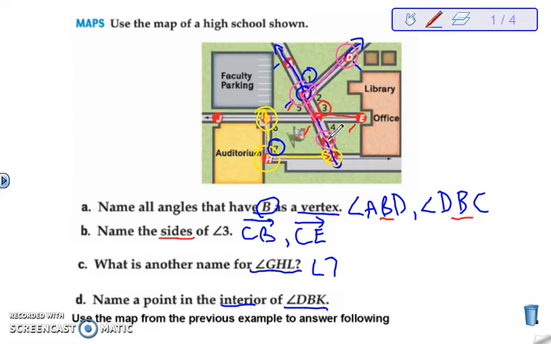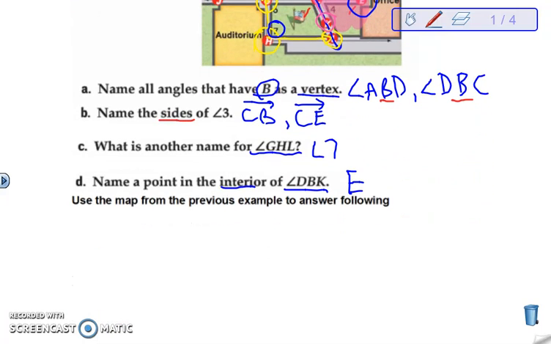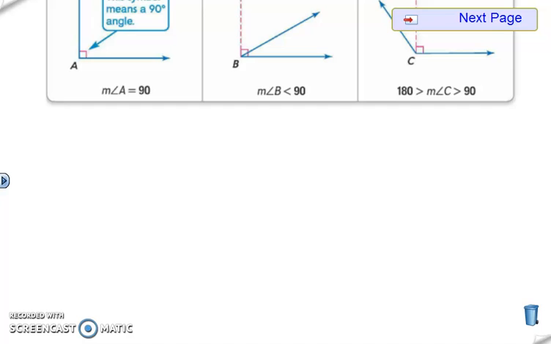So the point that's on the inside would be somewhere over here. So if I'm looking for that point, it would probably be this guy right here. So that's going to be point E. Here's a couple of examples. Use that same map for the next few questions.